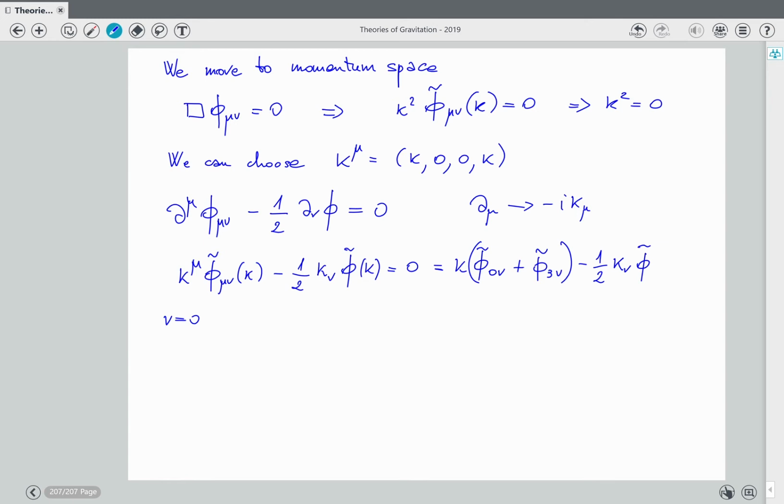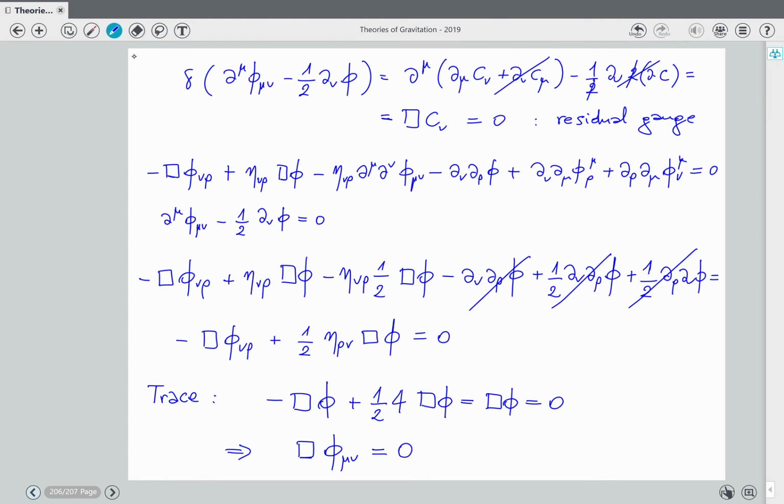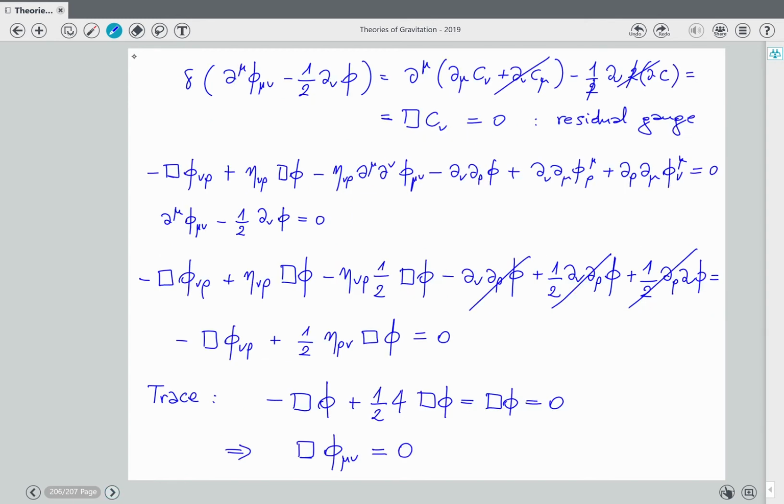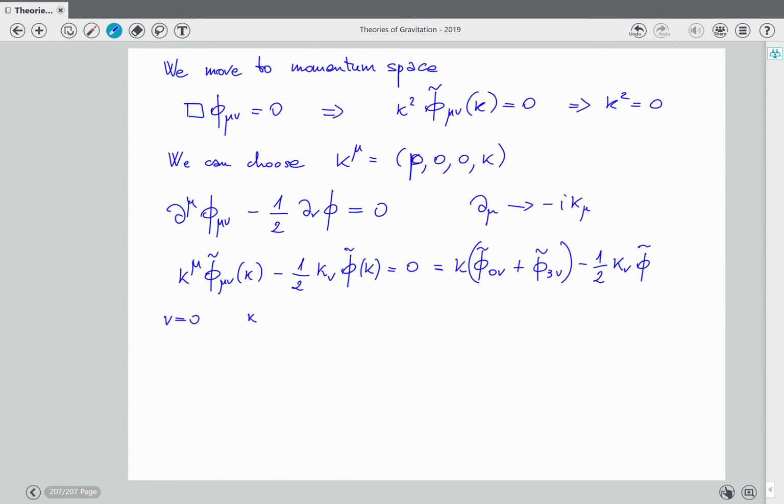Now it's easier to check what happens with nu equals 0. You get k. This k, by the way, is not the same k that we used before. That k should actually be a kappa in TeX language, but here it's difficult to see the difference. You can use p, but for waves normally you use k.